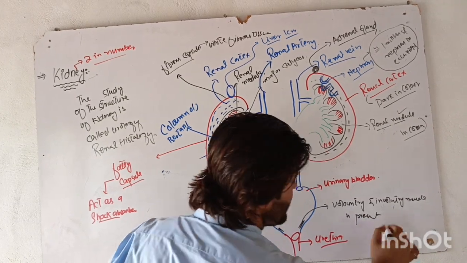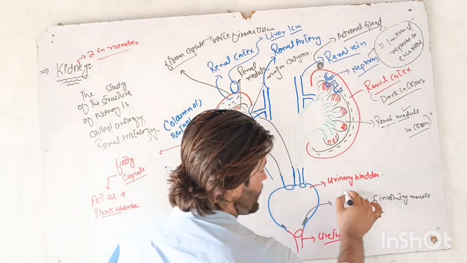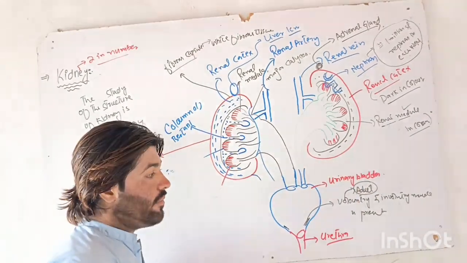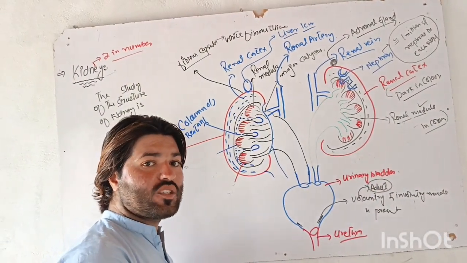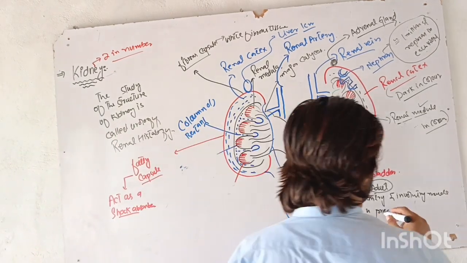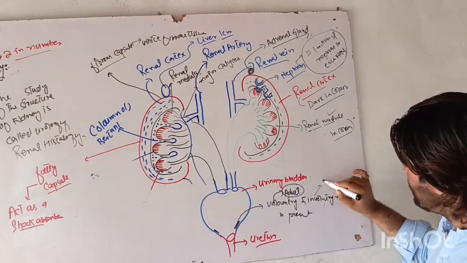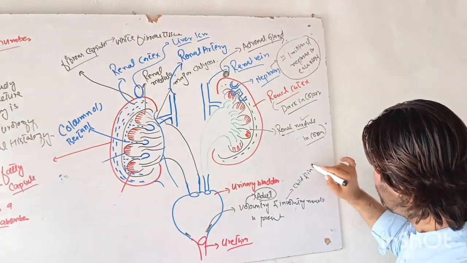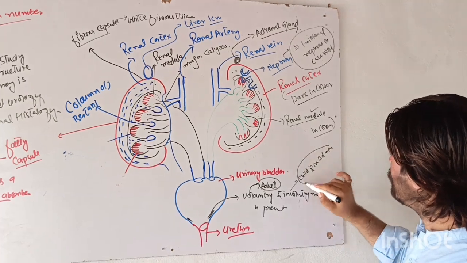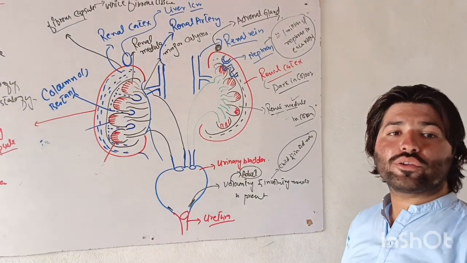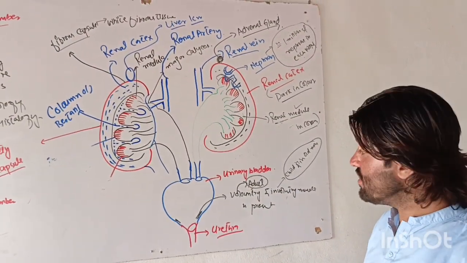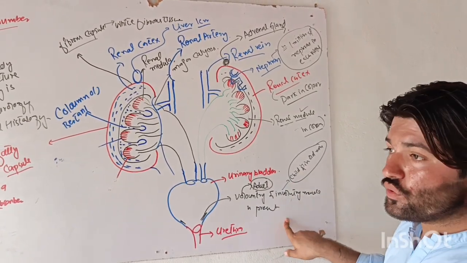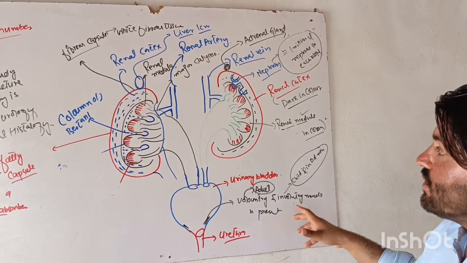Voluntary muscle is present in adults. But involuntary muscle is present in small children and in very old people. With involuntary muscle, we cannot control our urination, whereas in the case of voluntary muscle, we control our urination.